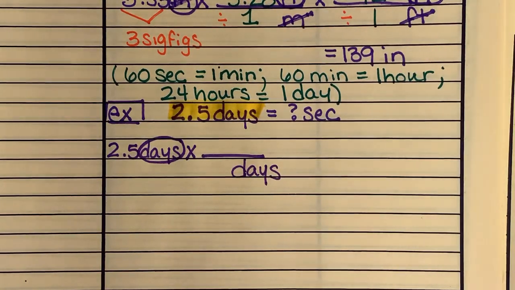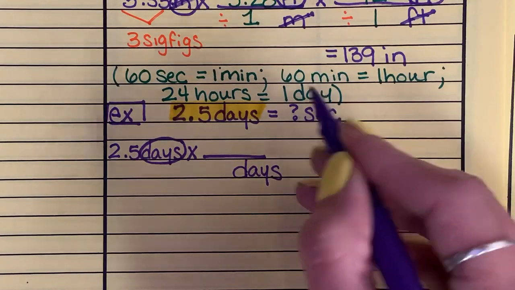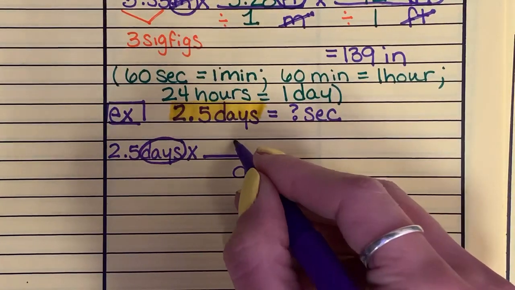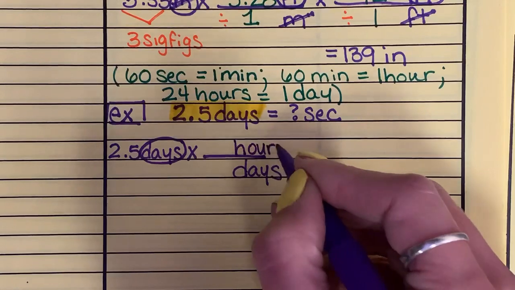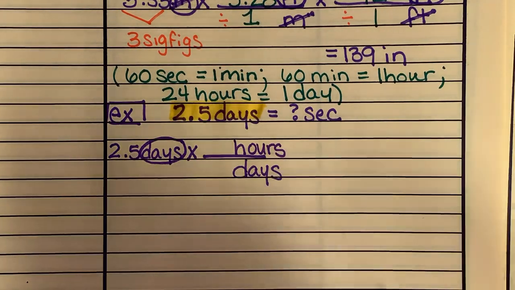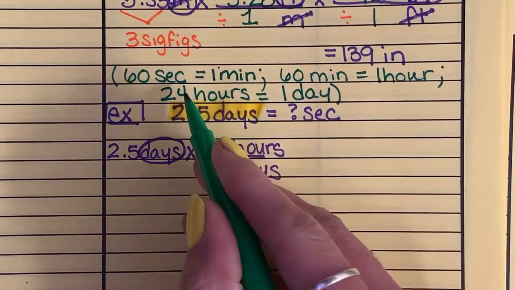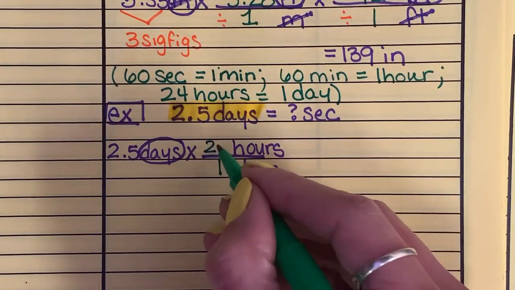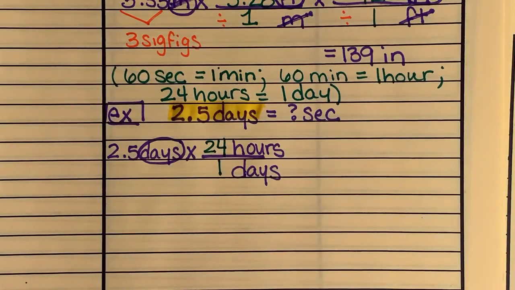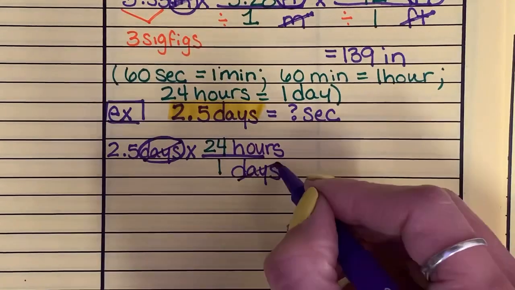The only thing that I have with days is hours. So I should have changed it to hours in step 1. I know that 1 day is always equal to 24 hours. So that's step 1. That gets rid of days.